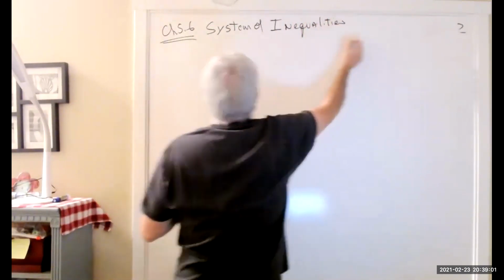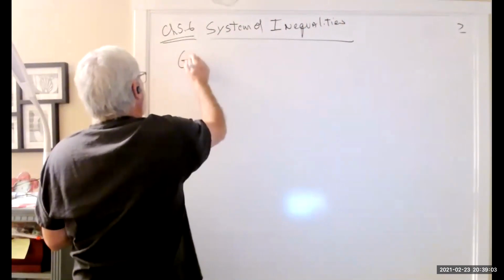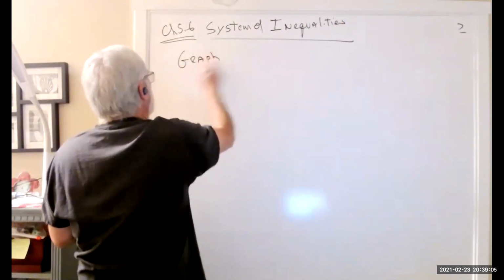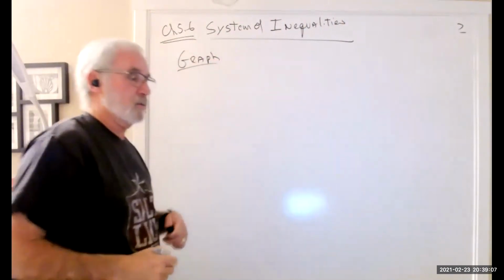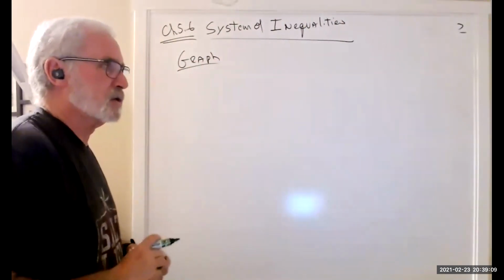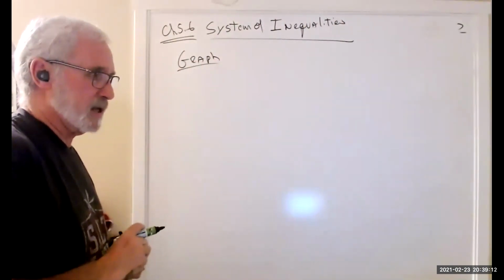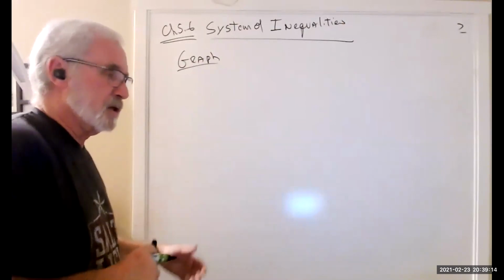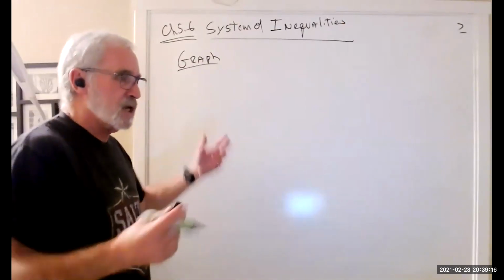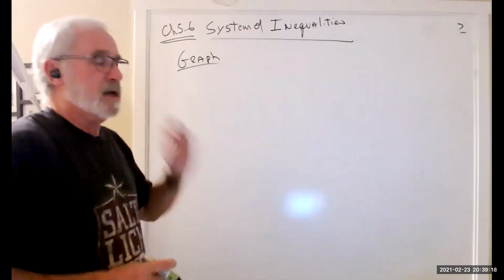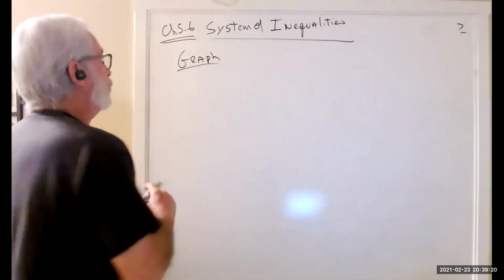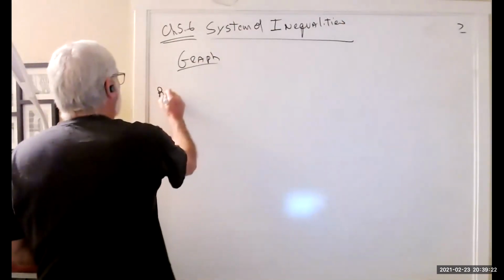And the only way we can do this is by graphing. There's no algebra to it. Well, I mean, it is all algebra. All of this stuff is algebra, but there's none of this 3A, 2B, add them together. It's just graphing. So let's go back to a real quick review.